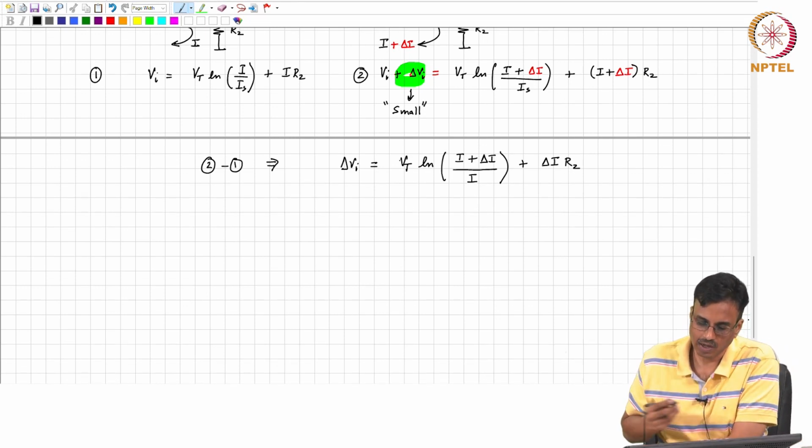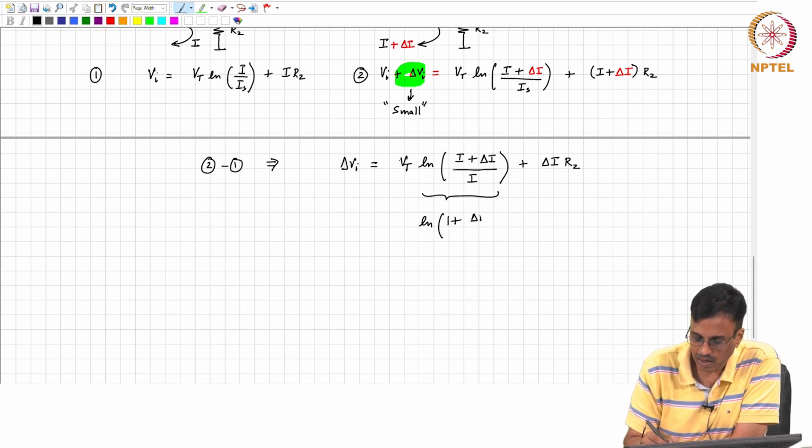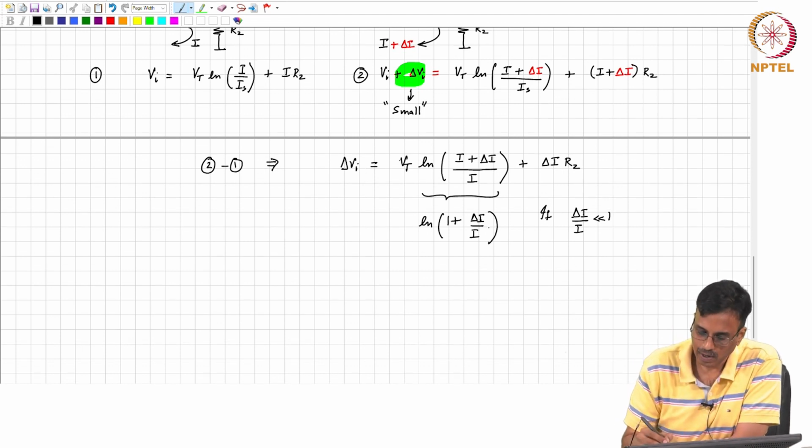So remember that this is therefore ln of (1 plus delta I by I), and if delta I by I is much smaller than 1, what comment can you make about this?